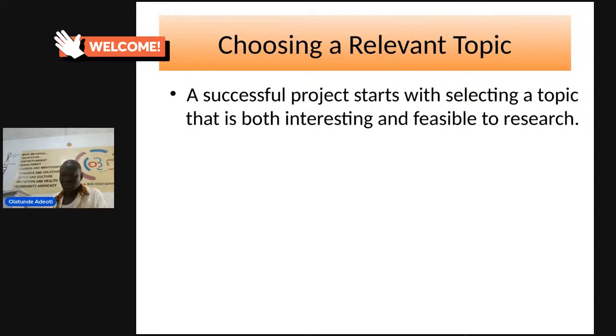So you can prompt ChatGPT to give you a list of 10 or 20 topics that are going to be interesting and also going to be feasible as well. So you need to do this.